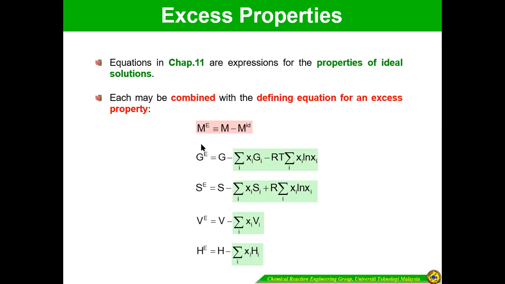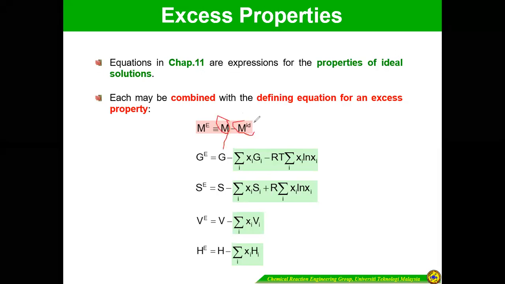Okay, so M we can define as G, Gibbs energy, entropy, volume, as well as H, enthalpy. Okay, so if you look at here, remember, this is for M, the actual, and this one is M^ID, if you remember from chapter 11.